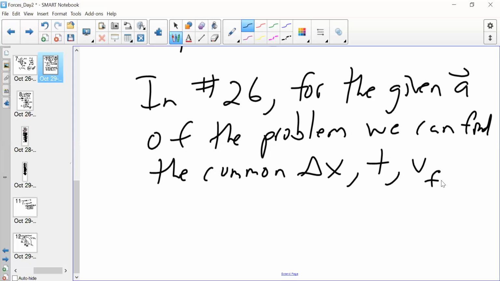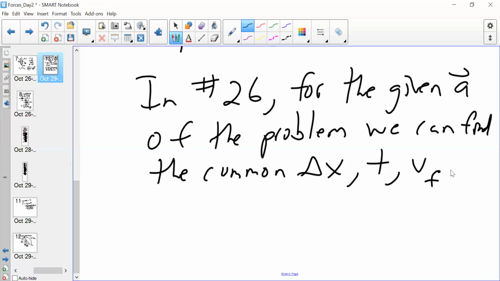Because they're based off of the common acceleration A. Therefore, all of these will be the same, for a problem of that type. Number 26. Number 32, it gets a little funky.